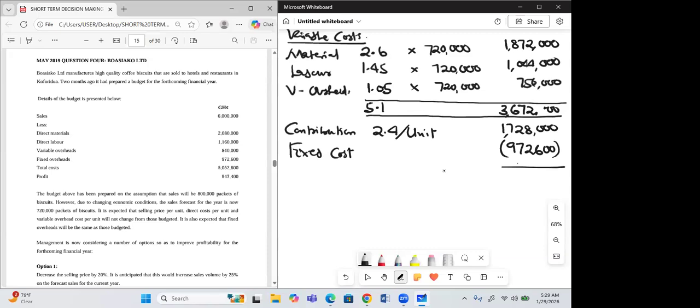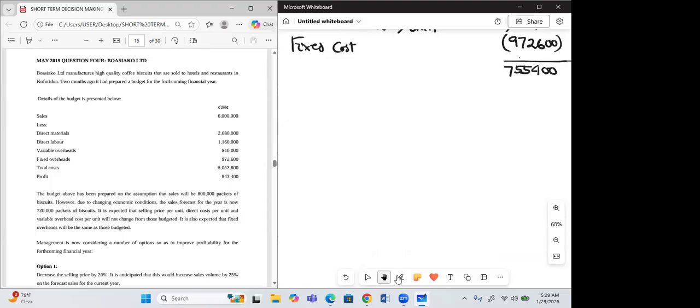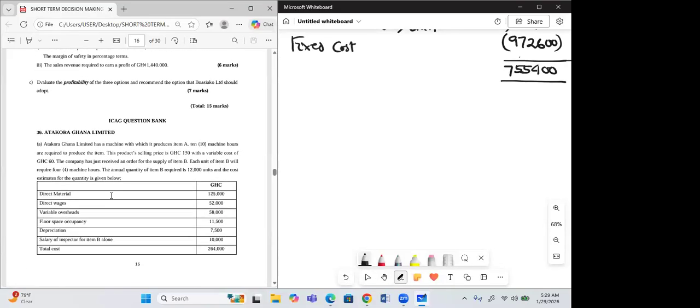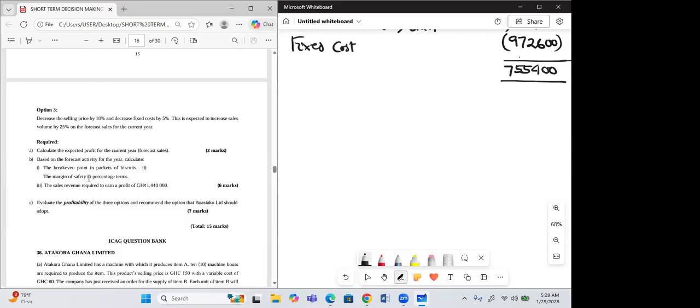The network is slow. Okay, so now what is the question asking us to calculate? Based on the profit, calculate the break-even point in packets of biscuits. So break-even point in units. Let's do that quickly. Fixed cost over contribution per unit.